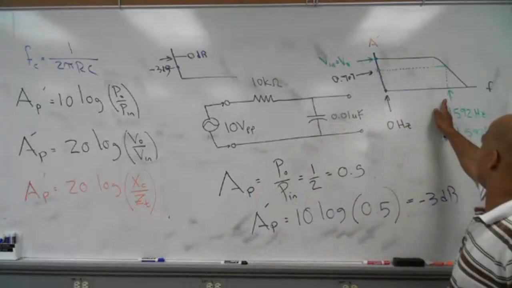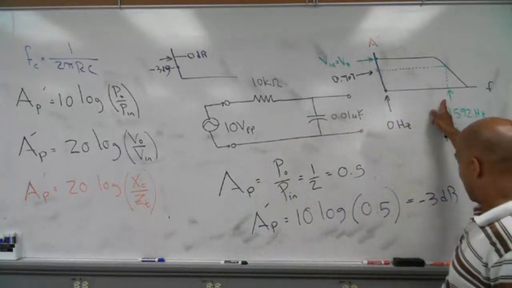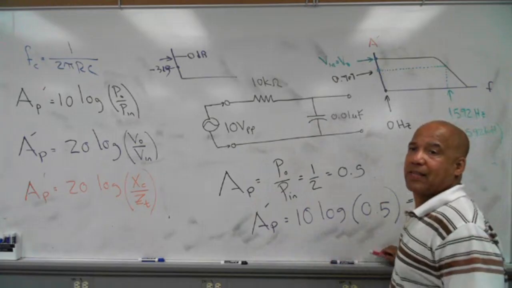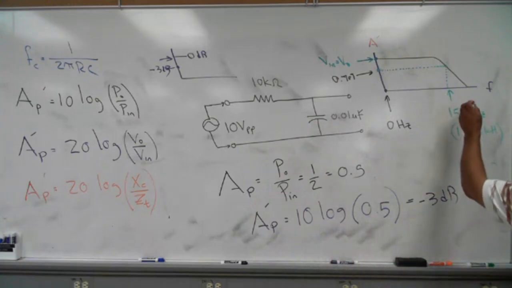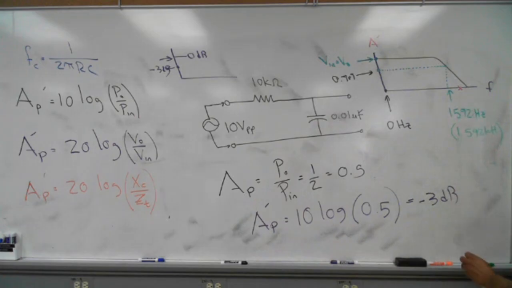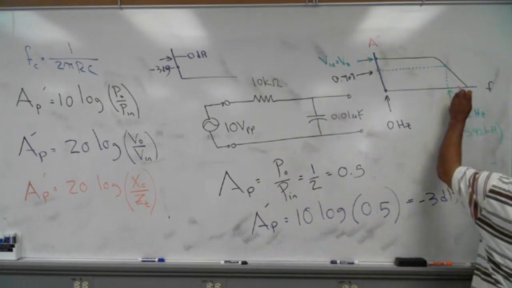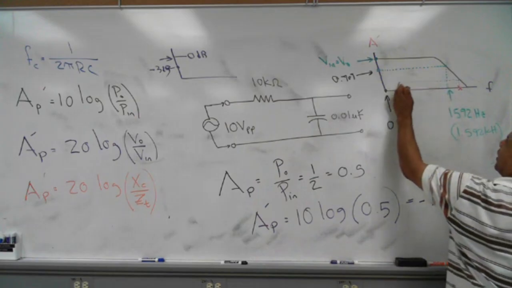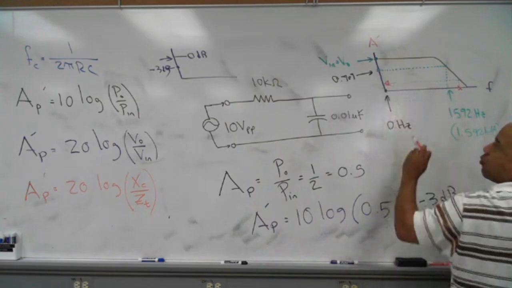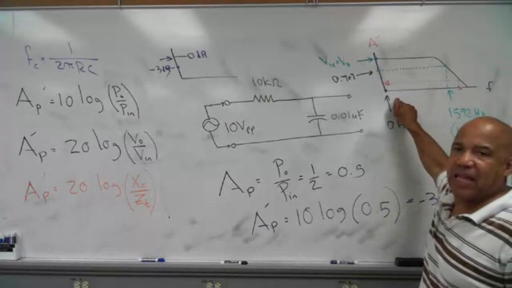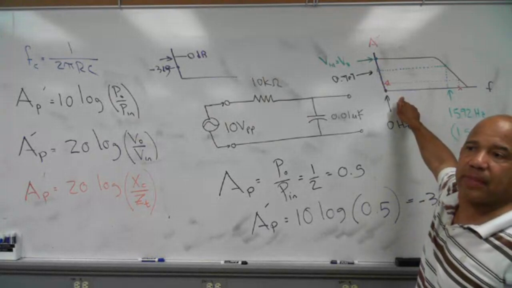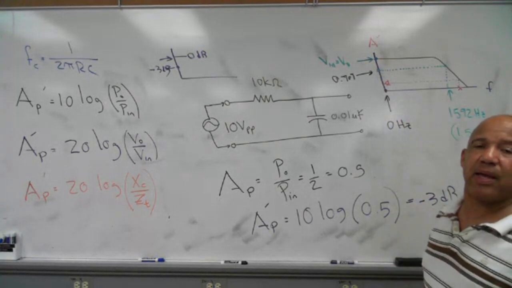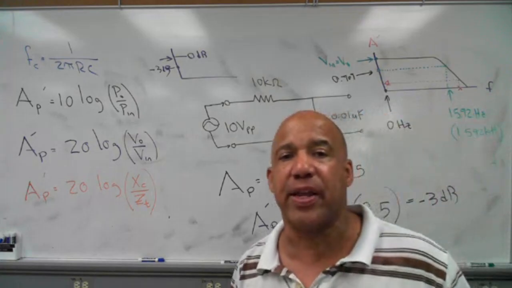If this is 1.5 kilohertz, I don't know where 15.92 kilohertz is, but it's way out here somewhere. And so I expect when I go up on this graph, if this is the point, look how my signal's attenuated, way over here. So I expect to have a lot of attenuation there. That's what the graph says anyway. Let's see if the math agrees.